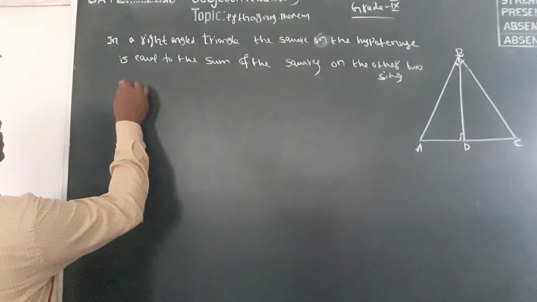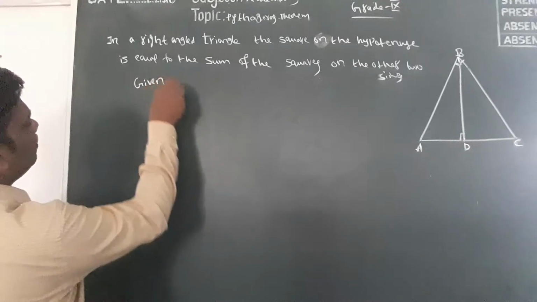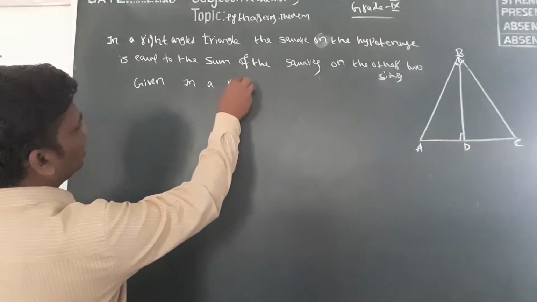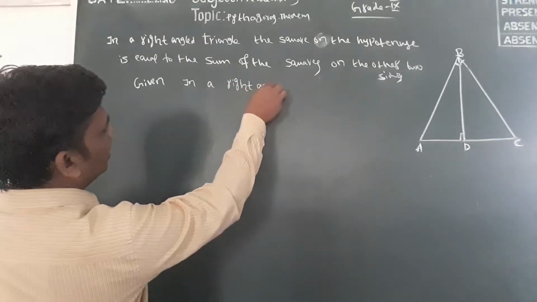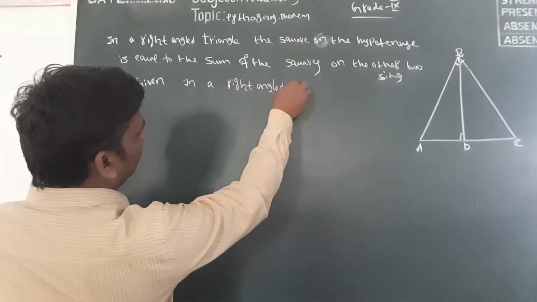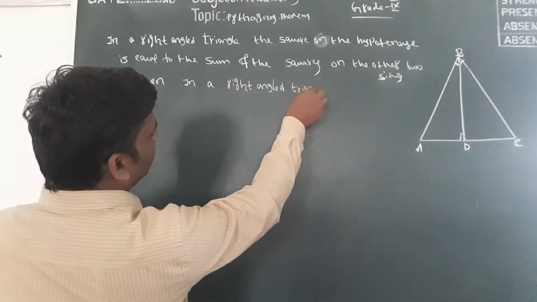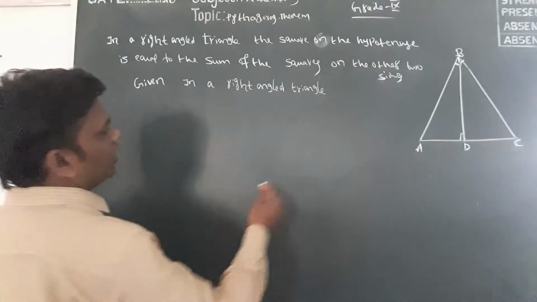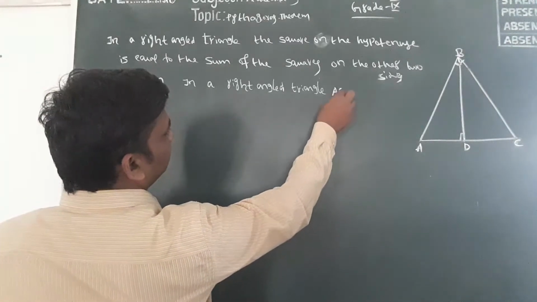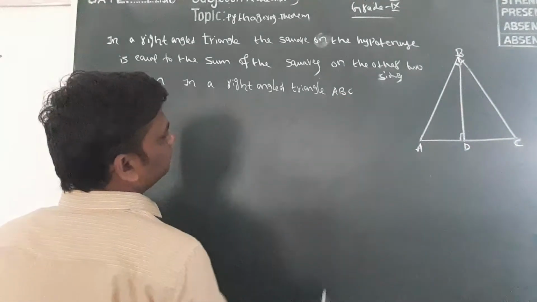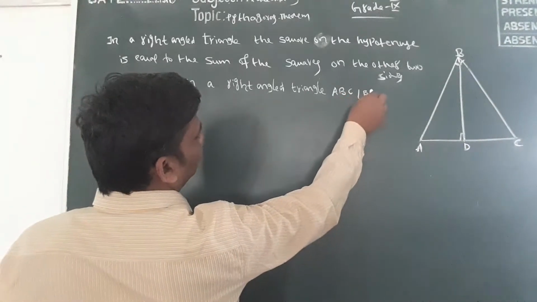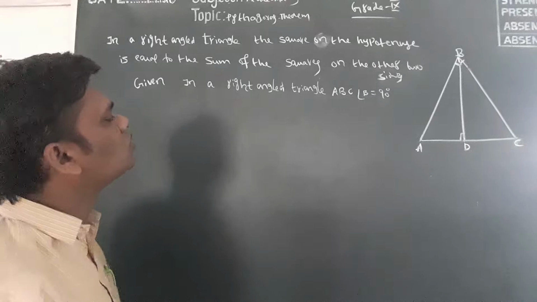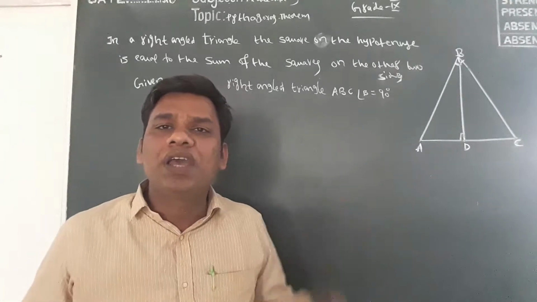Now see. Given: in a right angled triangle ABC, angle B is equal to 90 degrees. What they gave, that we are writing.